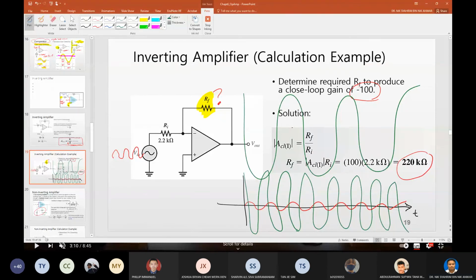So this is the output, Vout. Vout is 100 times Vin and inverted because of the negative sign. And the red one is maybe Vin. Okay. So this is what you get if you connect to an inverting amplifier.